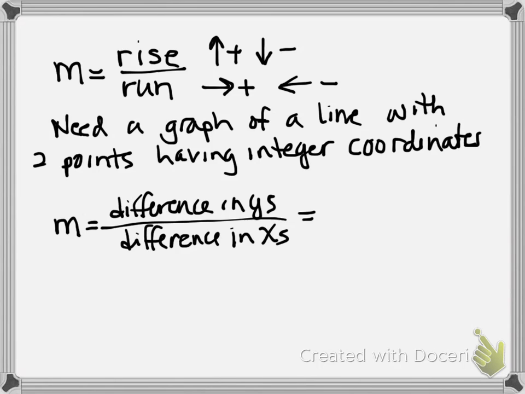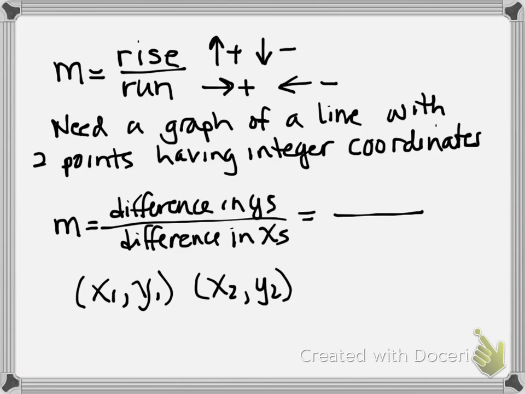And then we said, okay, well, if we have our 2 points, and we're just going to generically call them x sub 1, y sub 1, and x sub 2, y sub 2, we could translate the difference to actually be a subtraction problem. Sorry, that should be an x.